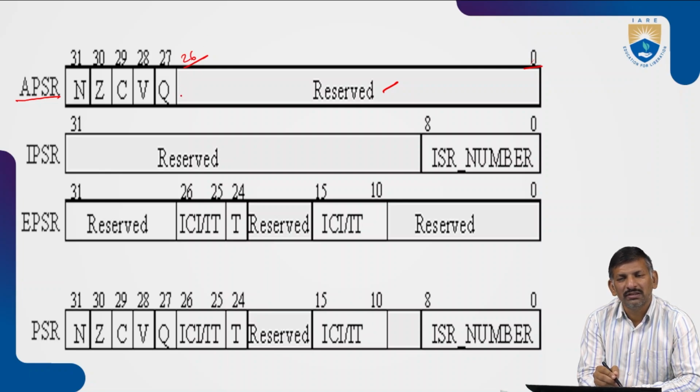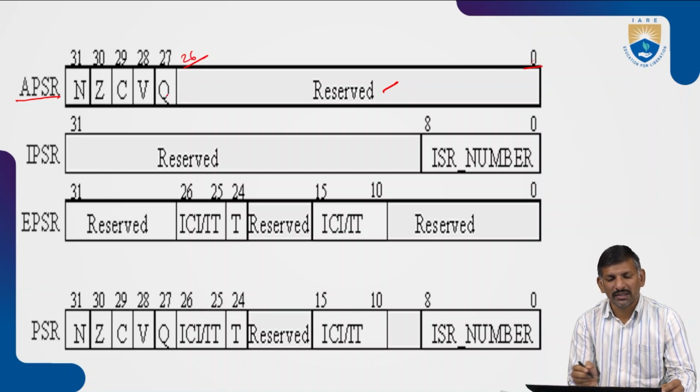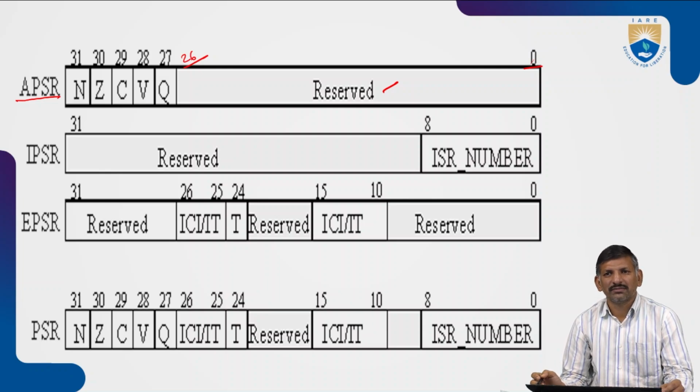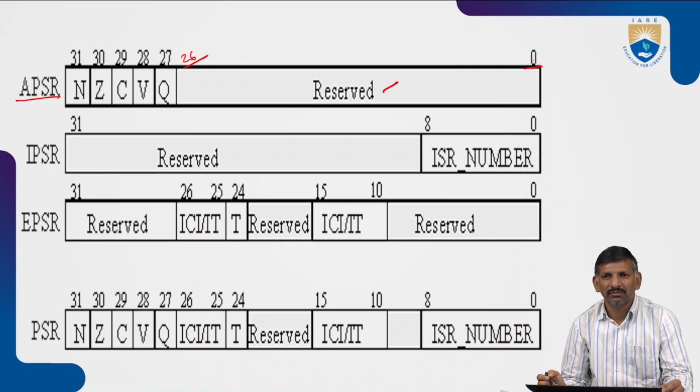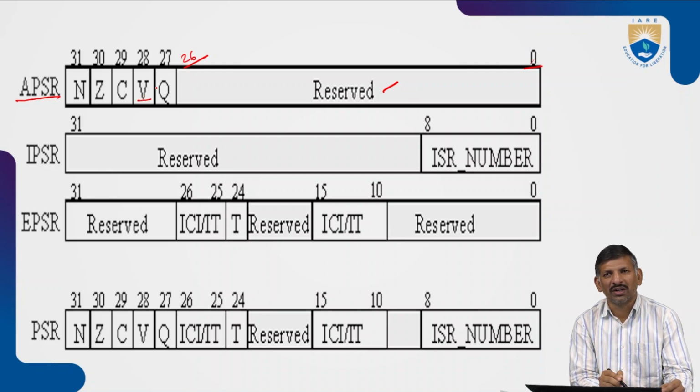Q means saturation. Next, overflow occurs in the result after doing the operations. If the result size is more than the defined size, overflow occurs. At that time this overflow flag value is 1.